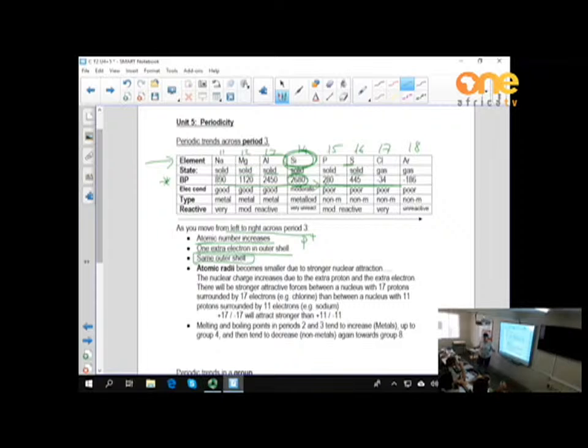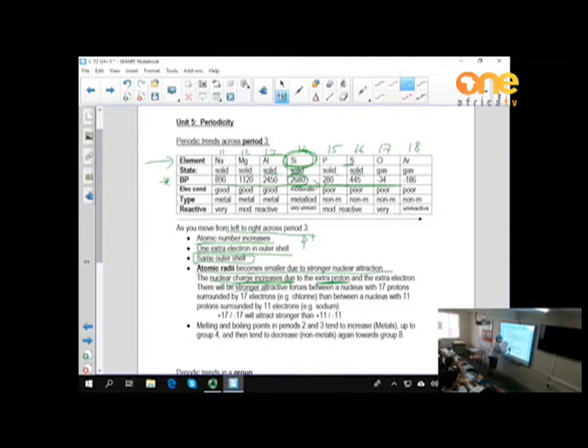We're busy with period 3. The atomic radius, the size of the atom in other words, becomes smaller as we go from left to right, because we have the stronger positive charge pulling the electrons closer. All right? Yes. The nuclear charge increases due to the extra proton. The atomic number increases. All right?